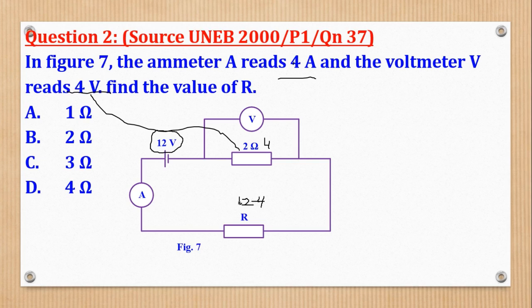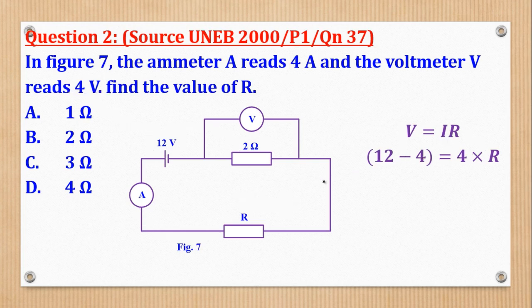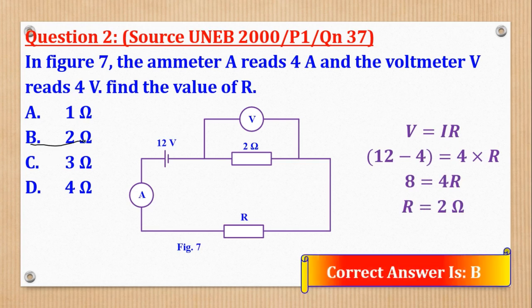So that means that now 12 minus 4 will be 8 volt, and that will be the PD across R, and we know the current through R. That means we can use V equal to IR to come up with the value of R. So V is that, I is that, and R is what we want. So making it the subject gives you R equals 2 ohms, meaning B is the correct answer.